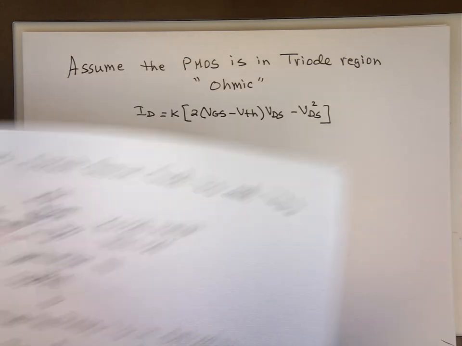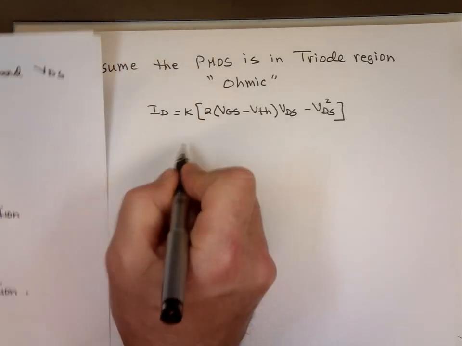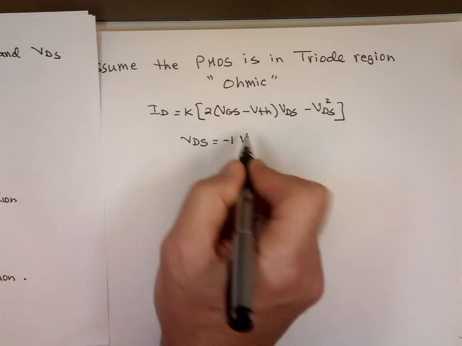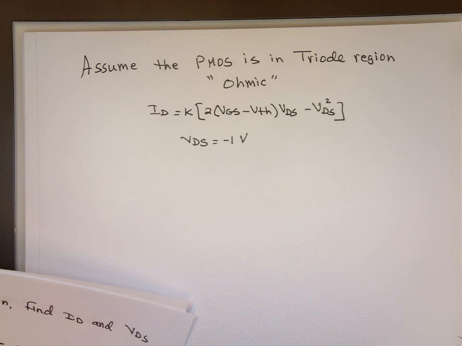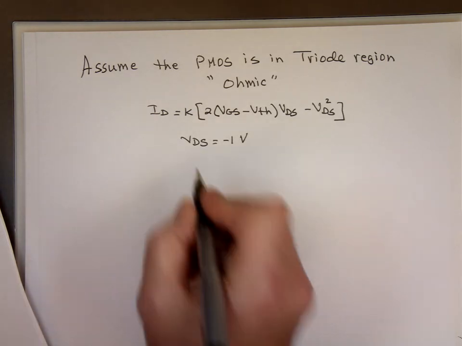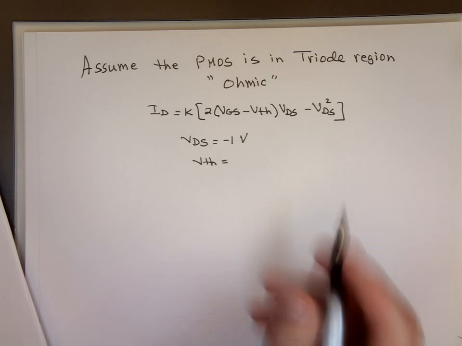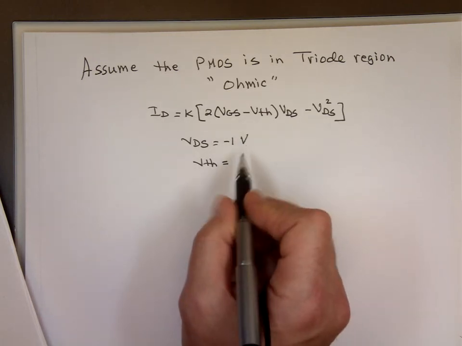Now, did VDS really change? Still, this voltage minus that voltage. So VDS for this example didn't change, ohmic or saturation, still negative 1 volt. The threshold voltage, what's the threshold voltage? Negative 2.